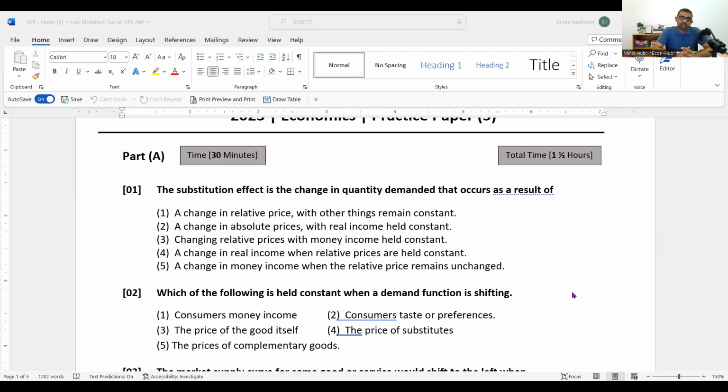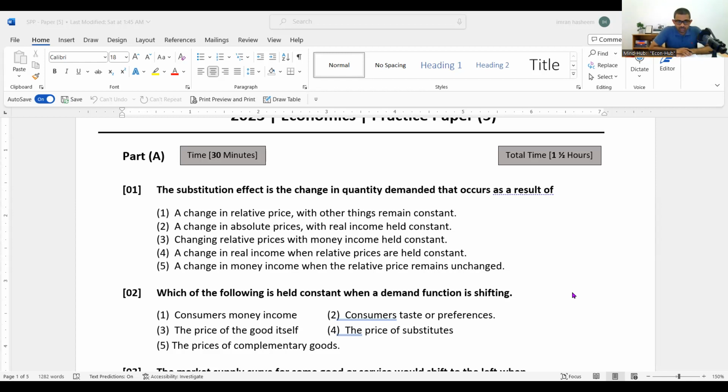When the price of the product concerned changes, when you compare the new higher or lower price with the substitute products, we realize the product under consideration is either relatively cheap or relatively expensive, that is, relative price changes, and accordingly our quantity demanded changes. So the first answer is very accurate in that sense.